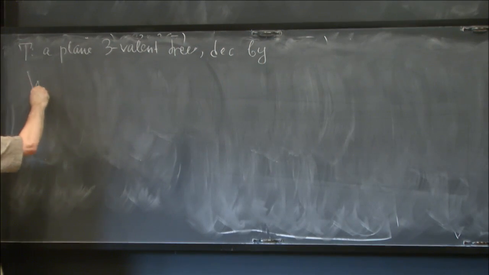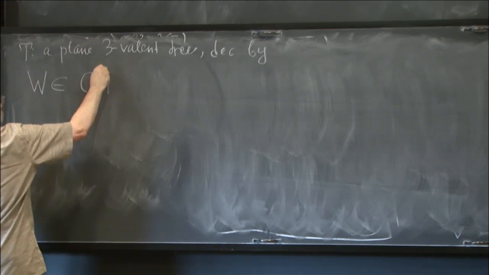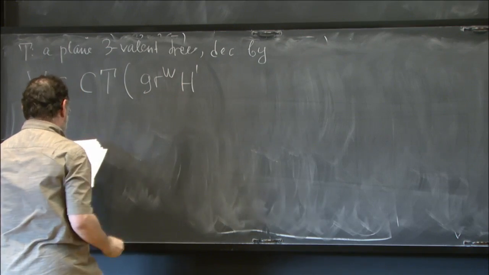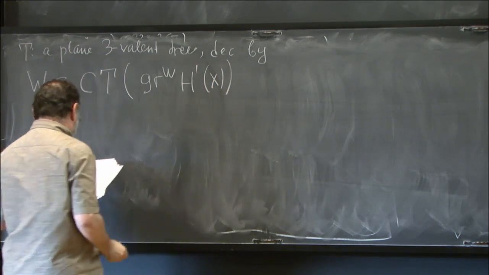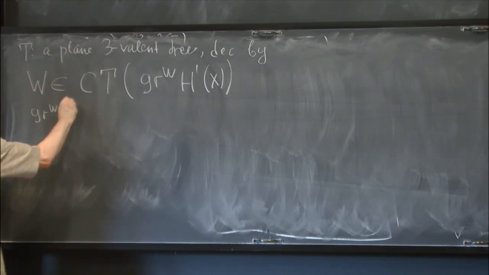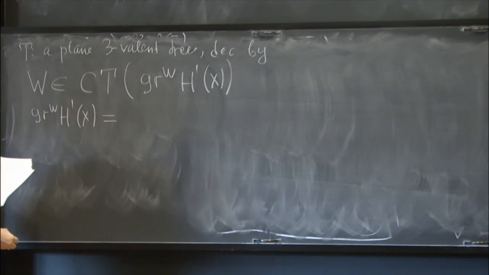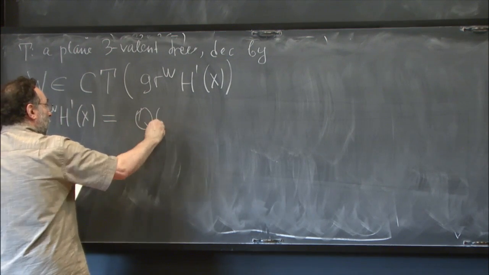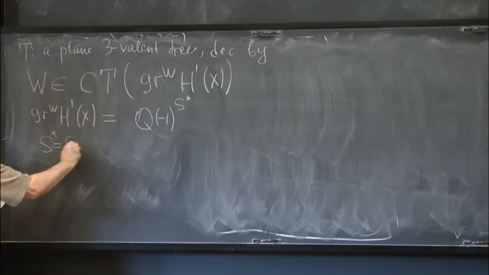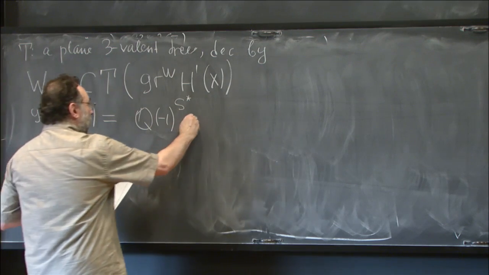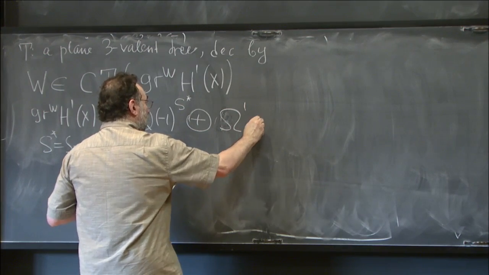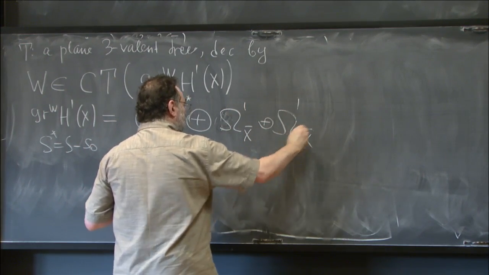So we have a cyclic word W in the cyclic tensor product of the associated graded of H1 of X. Because it's associated graded, it can be written naturally as a direct sum of two components: S star, which is S minus the distinguished point S0, direct sum with the cohomology of the compact curve, which is holomorphic differentials plus anti-holomorphic differentials.